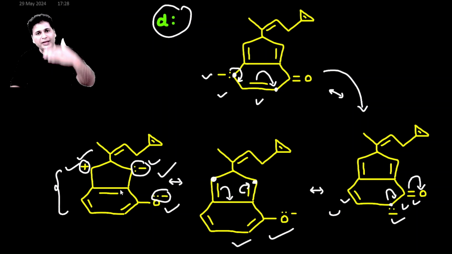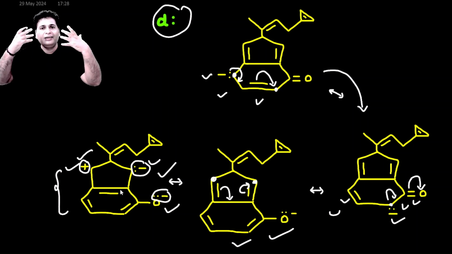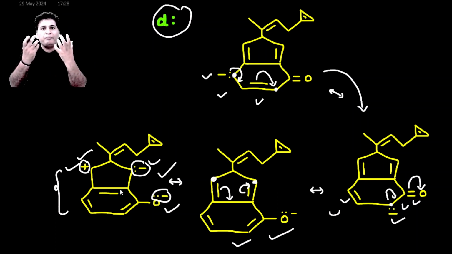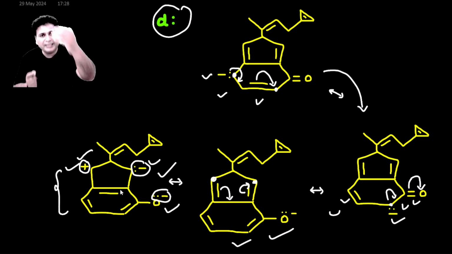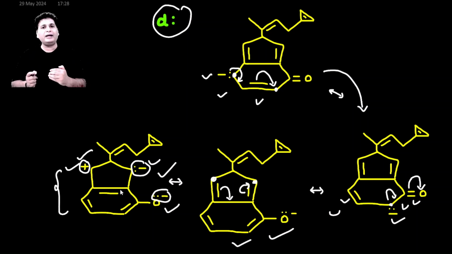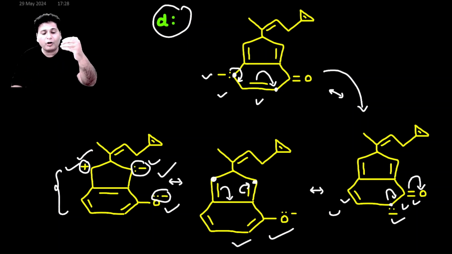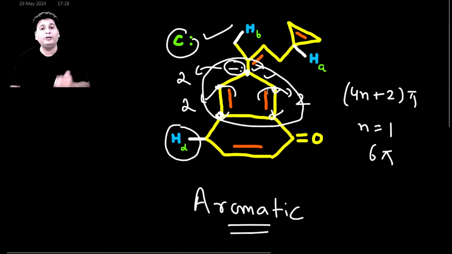So if you compare the benefit you get from the aromaticity in C and in D, you will find that C was a better option. Why? Because you did not have to create more formal charges, just the same minus charge created due to the loss of proton, when delocalized in the ring, creates the aromaticity.